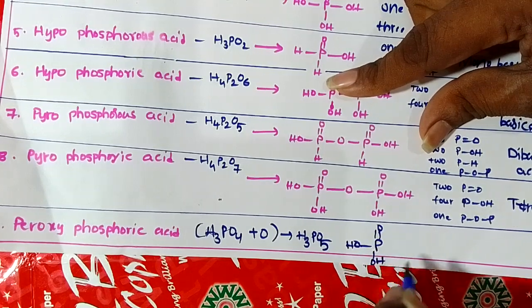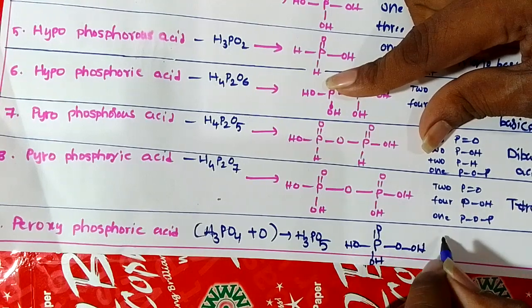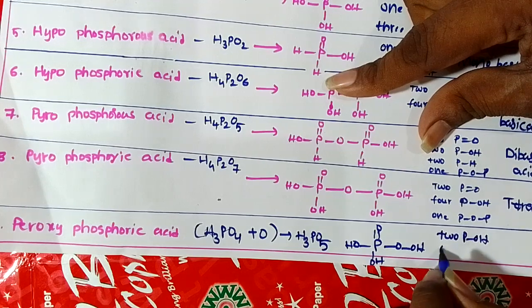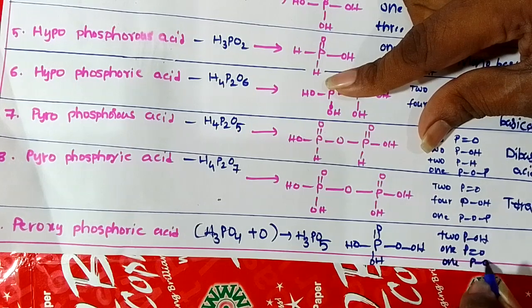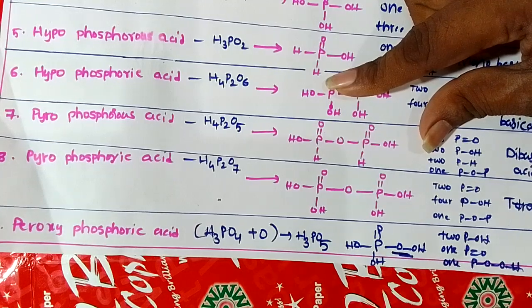It contains two P-OH groups, one P=O group and one P-O-OH group, which has the peroxy bond.